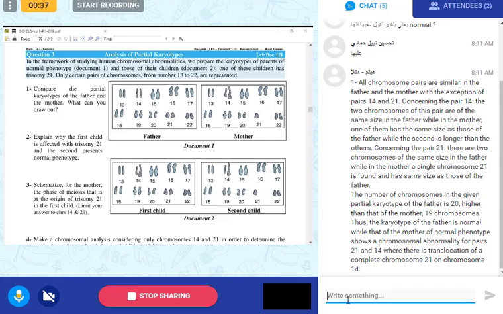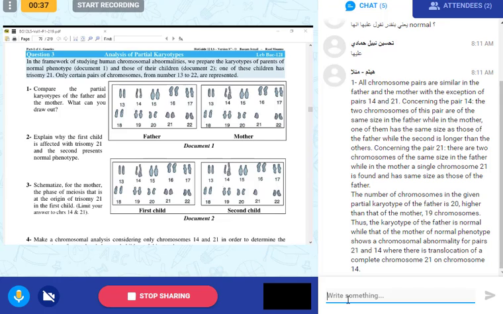Now, concerning pair 14, the two chromosomes of this pair are of the same size in the father, while in the mother, the second is longer than the others. So this is for the 14. Concerning pair 21, there are two chromosomes of the same size in the father, while in the mother a single chromosome 21 is found and has the same size as those of the father.